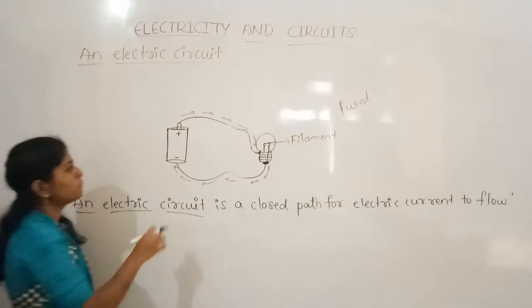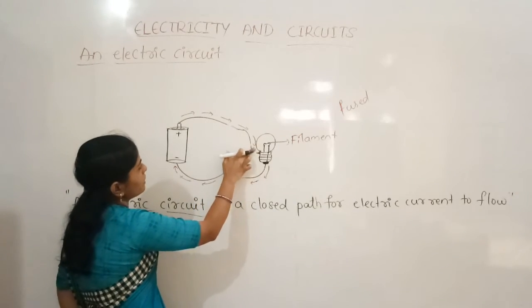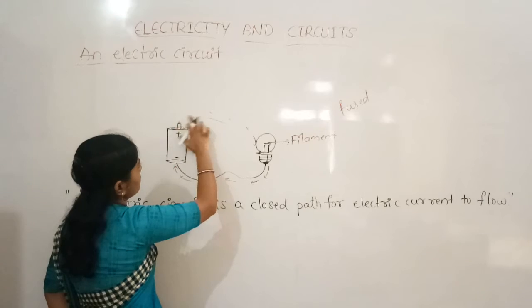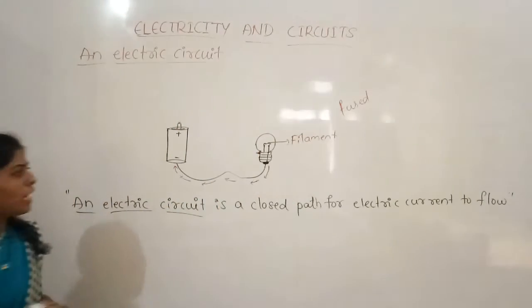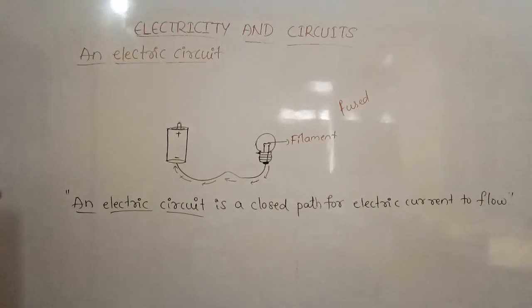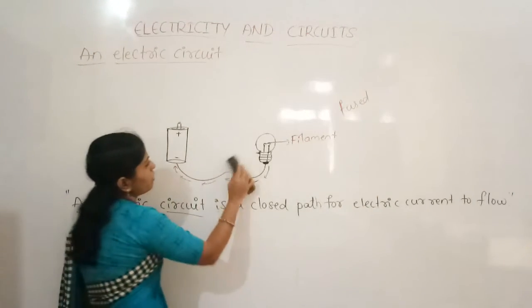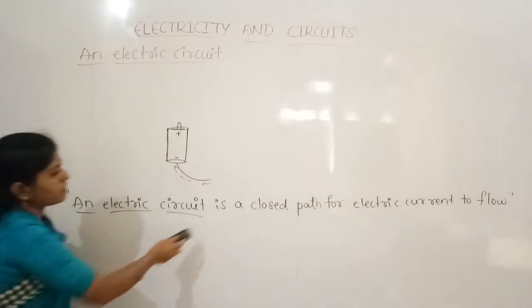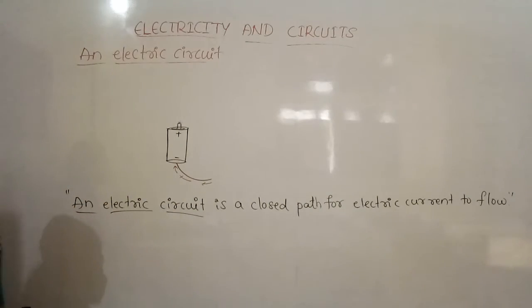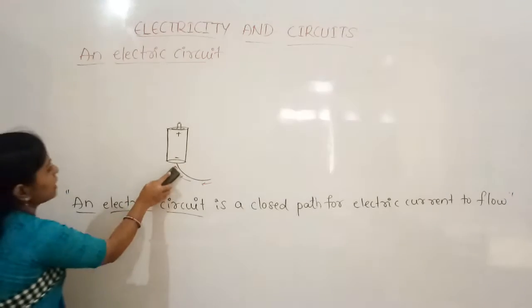For example, say this wire is not there. Now we can make our own torch. One wire is not there and we connect the negative terminal with the electric bulb. Write this definition also, and now we will explain the next thing.